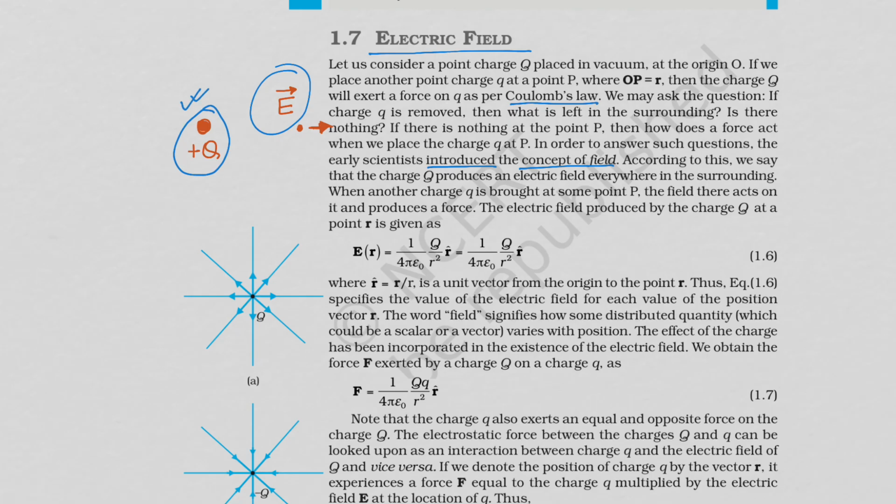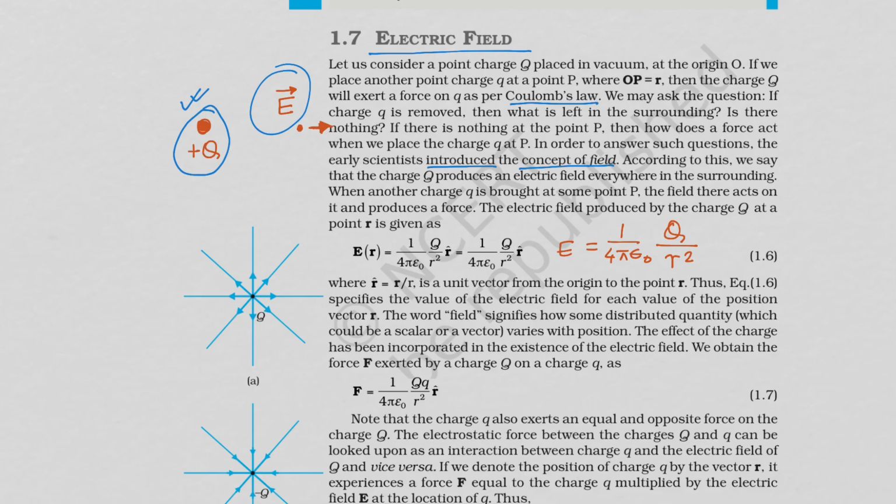Let's check the formula for electric field, which says that E is equal to 1 upon 4 pi epsilon naught, Q, capital Q, by R square. Here R is the distance between the two charges, or we can say that R is the distance between the charge at the origin and any point in the space where we want to find the electric field.